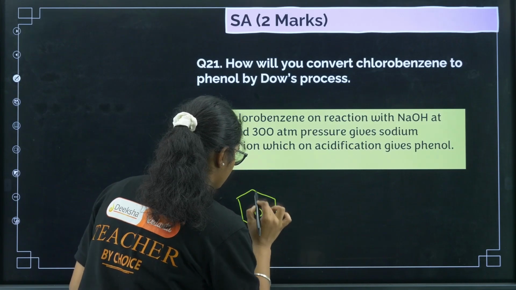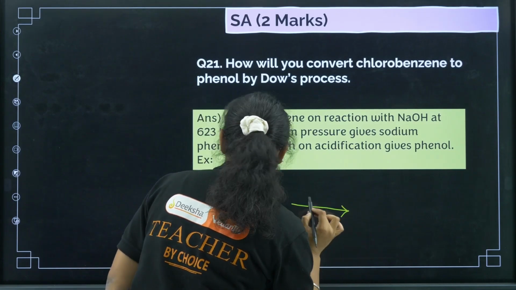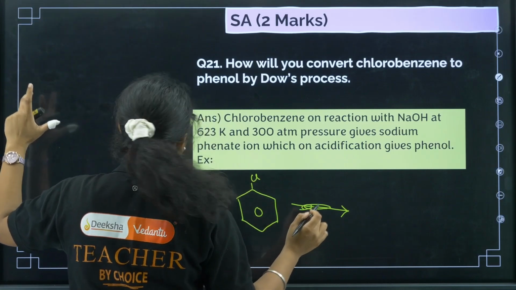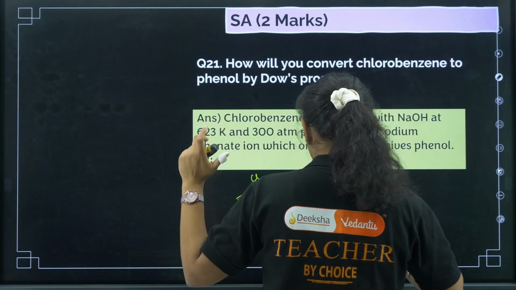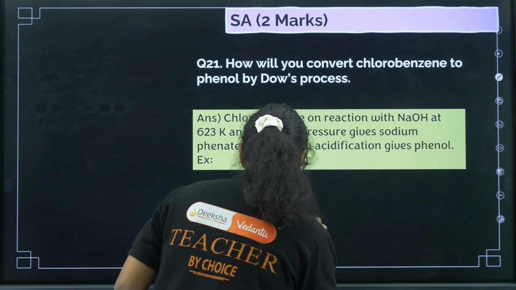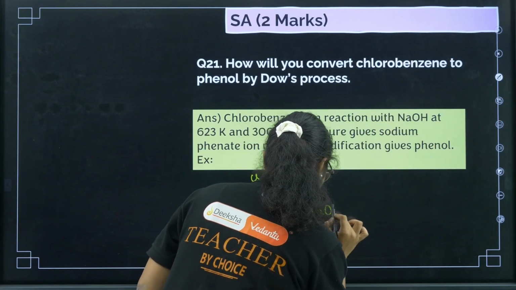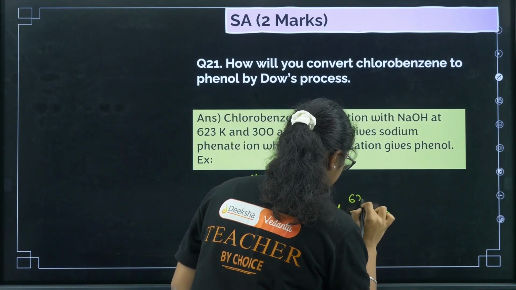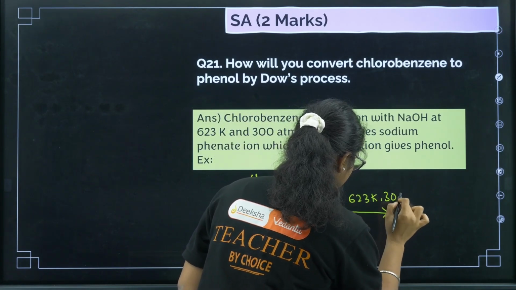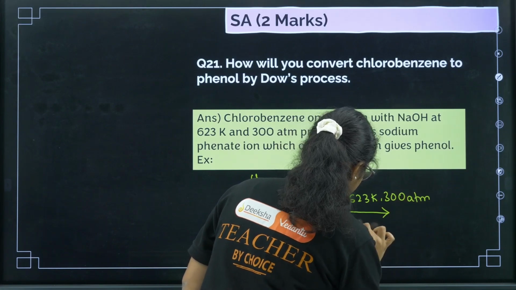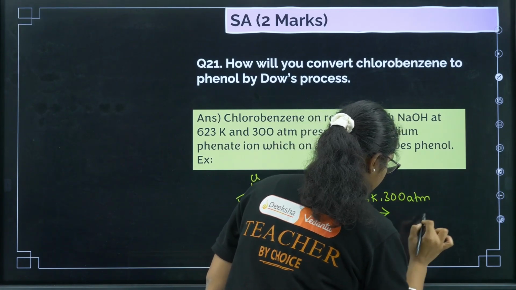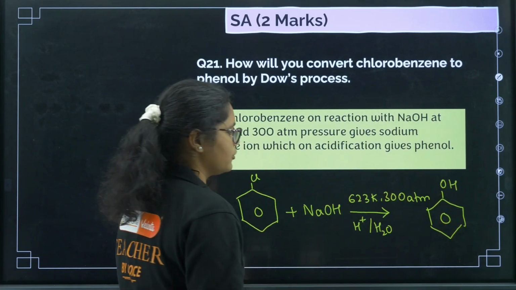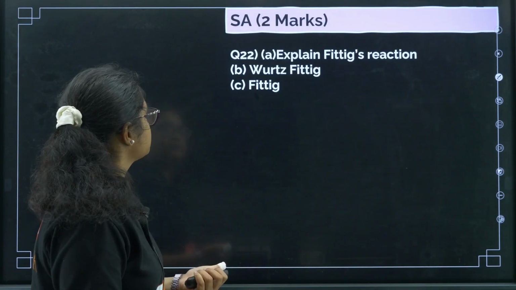If you have chlorobenzene and you treat it with NaOH at 623 Kelvin and 300 atm pressure, and then H plus and water, you will get phenol here. Okay, clear?